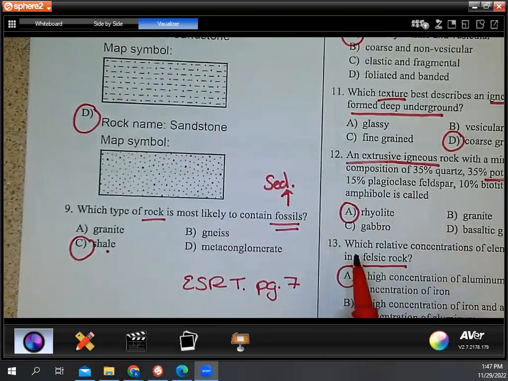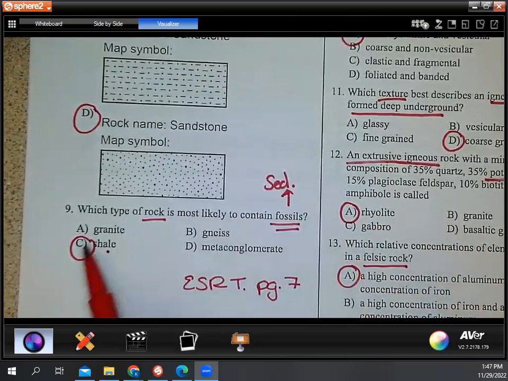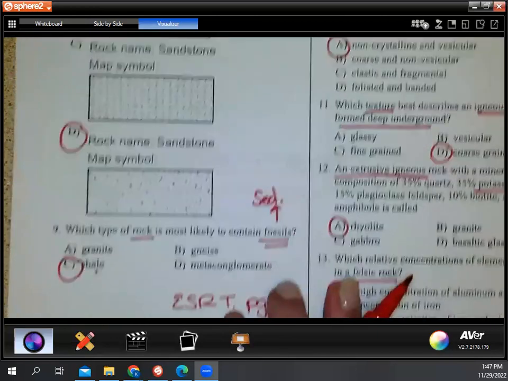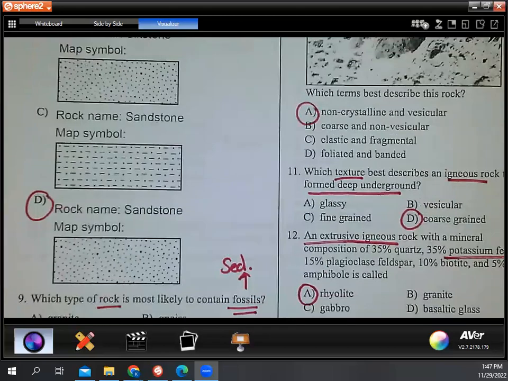They have fossils formed only in sedimentary rocks. So C is shale. The fossil gets wedged in. It gets buried by overlying sediments. It decays. It leaves a mold. It gets filled in. That's how we get fossils. Only can happen with sedimentary rock.